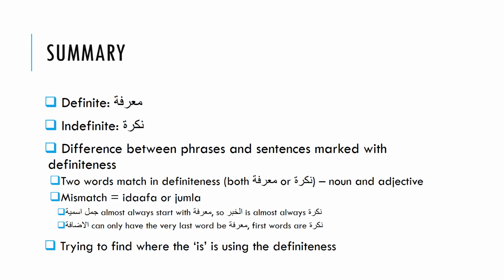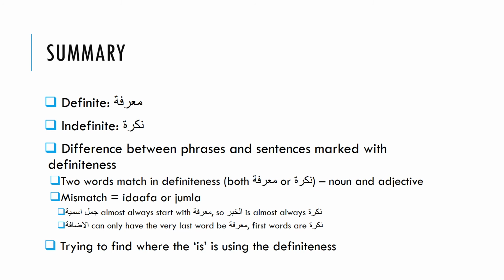Arabic uses the difference between ma'rifa and nekira to mark what things are sentences and what things are phrases. If the two words in a row match in definiteness, they're probably a noun and an adjective, or demonstrative and the thing that it's describing, right? If there's a mismatch between the two, you either have a jumla or an idafa.